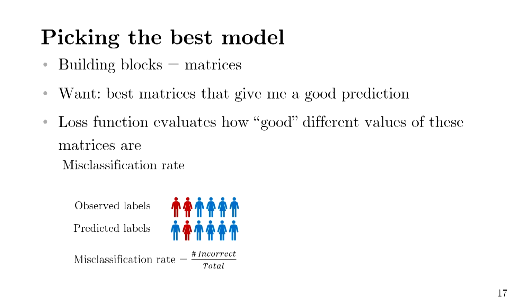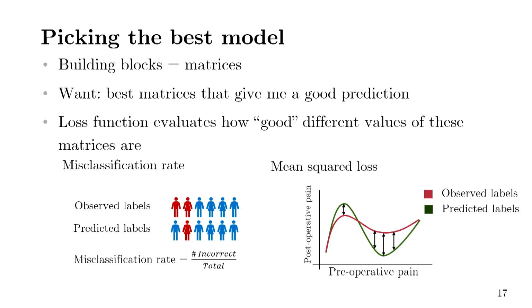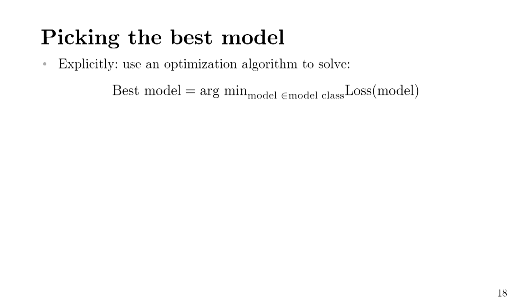It depends on what kind of problem we have. If our outcome is binary, you can use something called the misclassification rate, which just counts how many times I am wrong versus how big my data set is. Or if your outcome is continuous, you can use something like the mean squared loss, which measures the mean squared distances between my target labels and my predictions. And then I'm going to define an optimization algorithm.